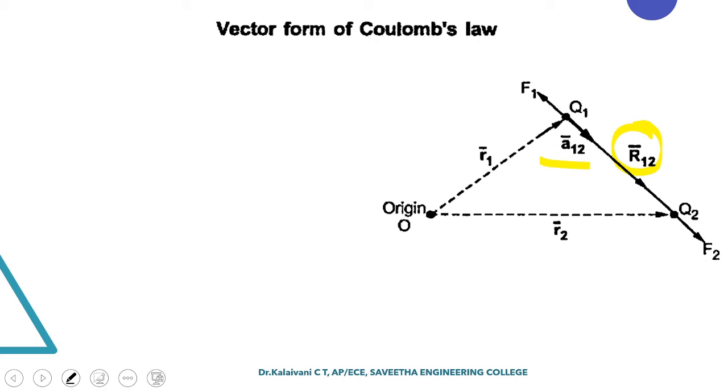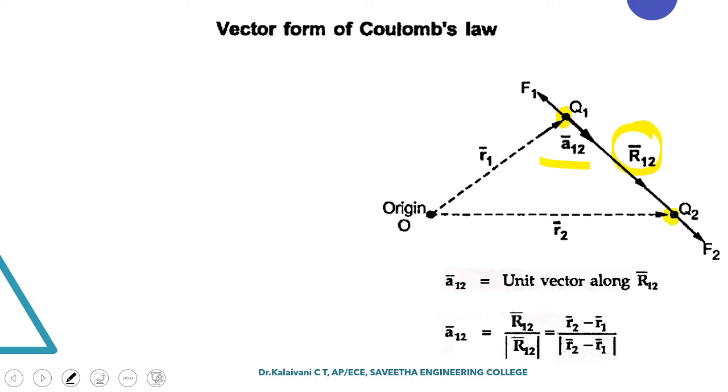After that, the force with respect to Q1 is F1. The force with respect to Q2 is F2. The distances from the origin to Q1 and Q2 are R1 and R2. Okay. A12, as I told, is a unit vector along R12. To calculate the unit vector, we have to divide by its magnitude, since a unit vector gives only the direction.